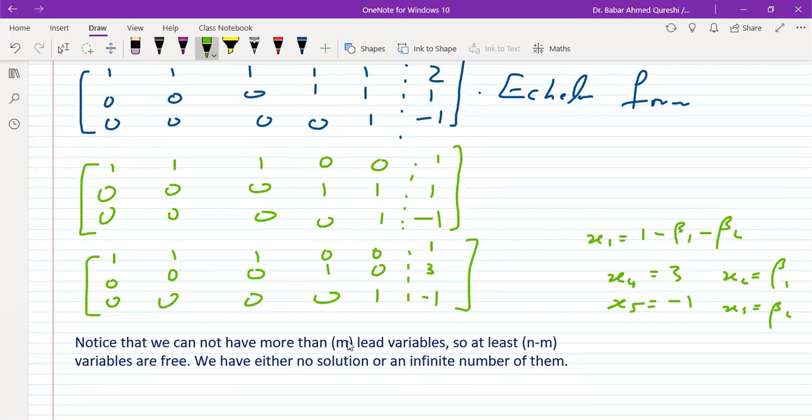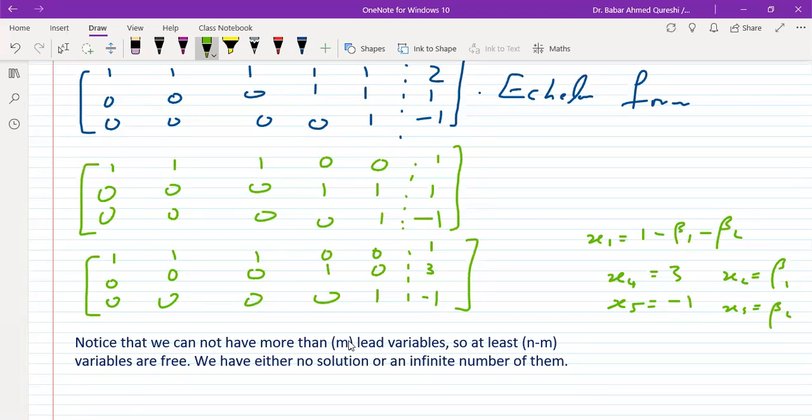So that's what's written over here. Since you have m rows, at maximum you have m lead variables, but you have more columns. That means you have more total variables. So you have n minus m free variables. But it's still possible that you don't have m leads. You have fewer than m leads.